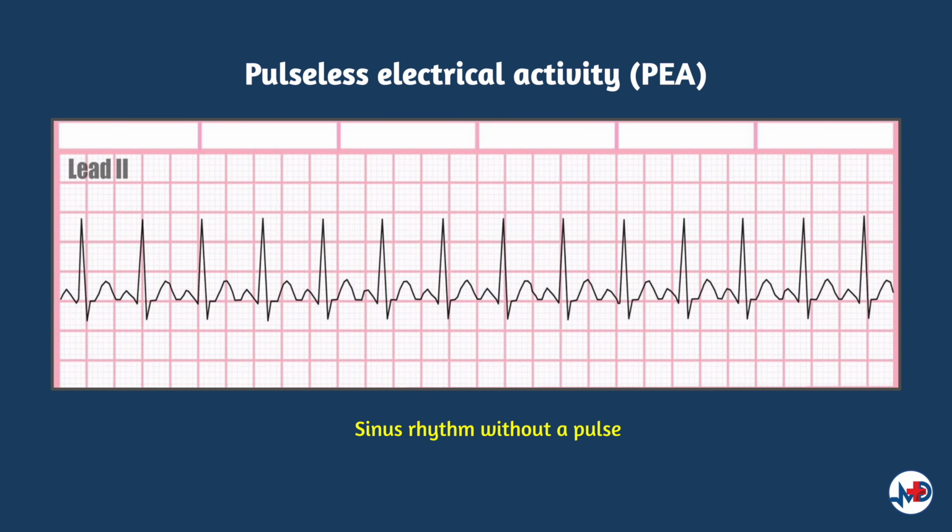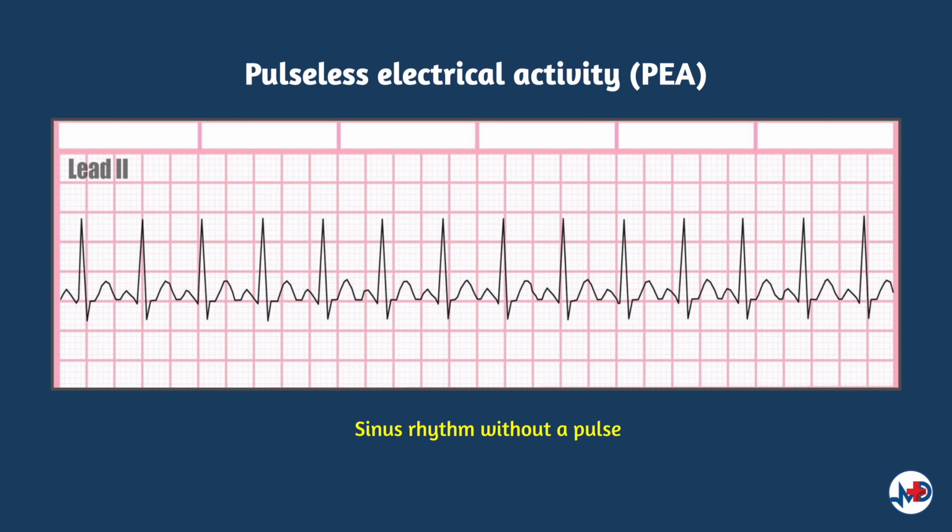Now, let's look at non-shockable rhythms. The pulseless electrical activity or PEA. Sinus rhythm is seen in a pulseless unconscious patient. PEA is a clinical condition characterized by unresponsiveness and lack of a palpable pulse in the presence of organized cardiac electrical activity.